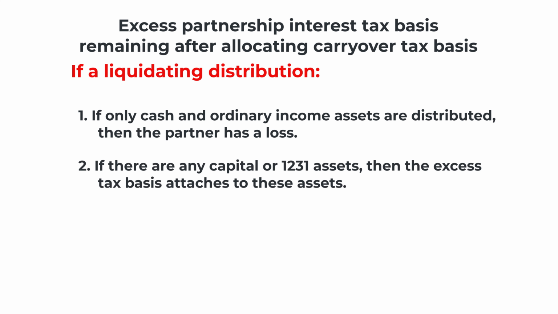If any non-ordinary income assets were distributed to the partner in a liquidating distribution, then any remaining tax basis in the partnership interest attaches to those assets. If this happens, you may need to allocate the remaining tax basis among those assets.